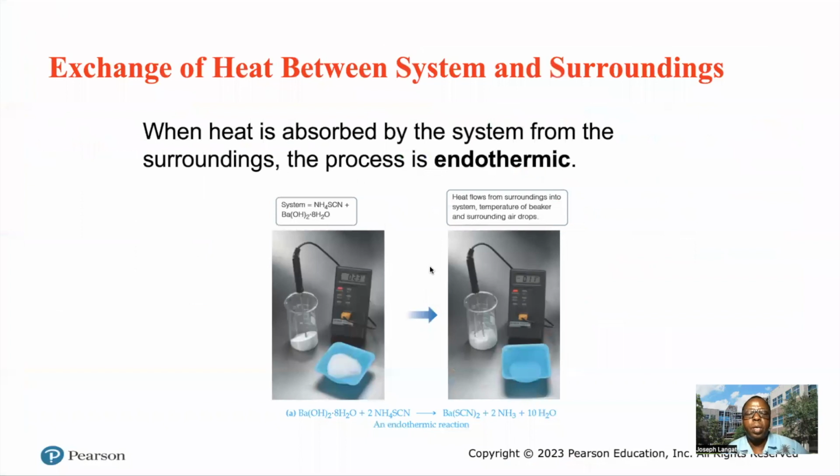But before that, I defined earlier what endothermic is: a reaction which absorbs heat from the surroundings. For example, the reaction between barium hydroxide octahydrate and an ammonium salt is endothermic.